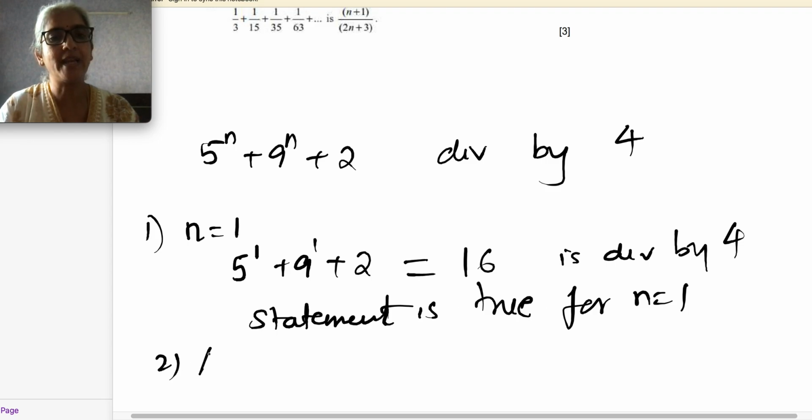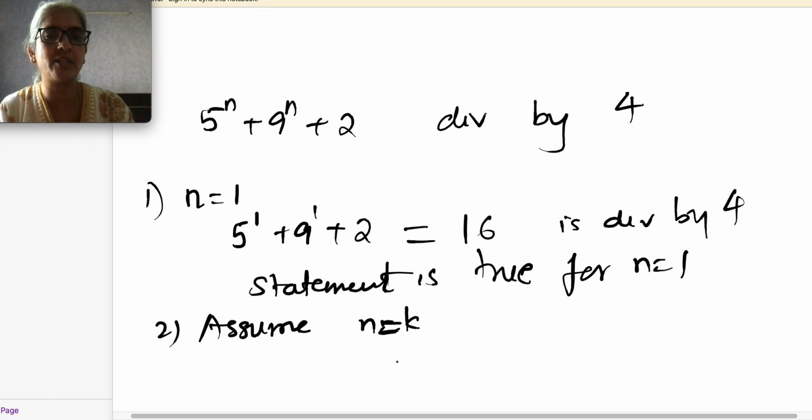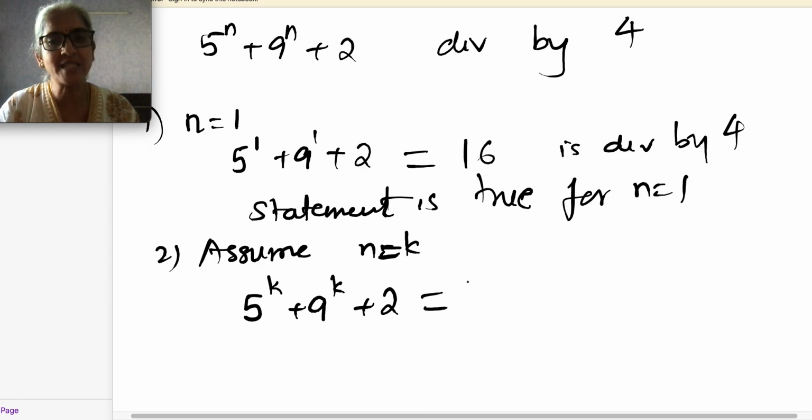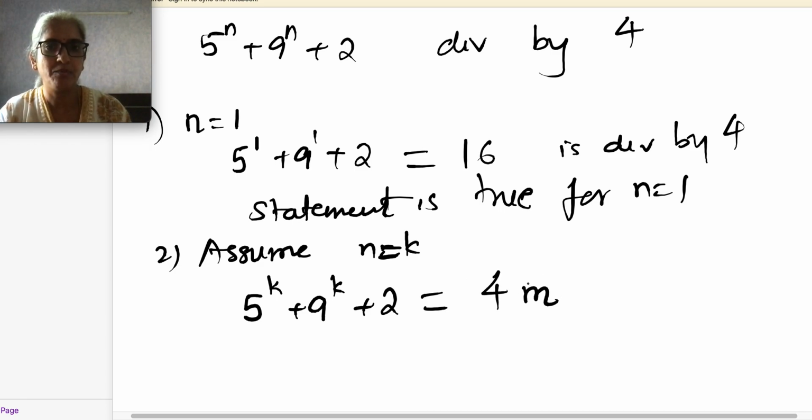Now the next step is to assume that it is true for some n equal to k. I don't know which value k is, but k is a positive integer like the condition in the problem, and it is true. If it is true, then 5 raised to k plus 9 raised to k plus 2 must be some integer multiple of 4, because it is divisible by 4, and that's the whole idea of divisibility, correct?